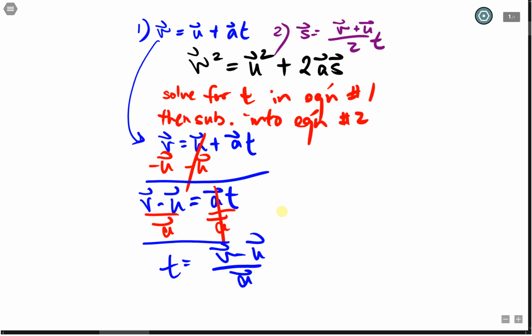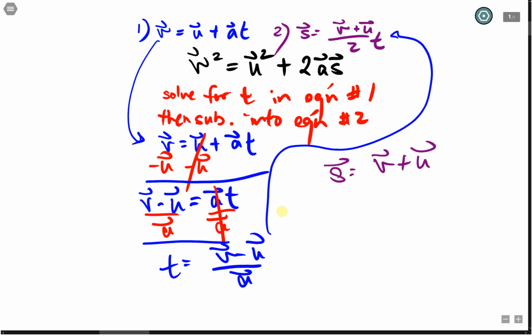Now I'm going to substitute this t into my second equation. My second equation will look like this: s is equal to v plus u divided by 2, and my t will be v minus u divided by a.